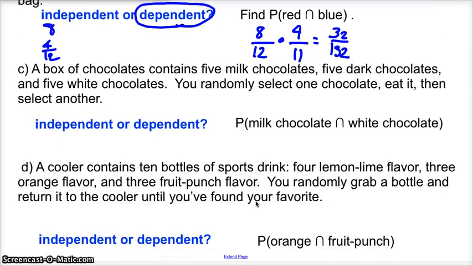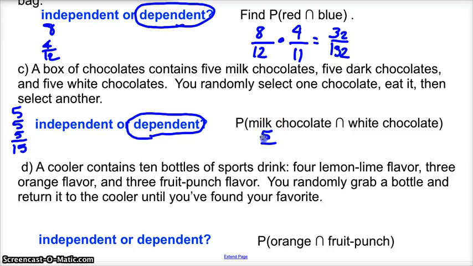All right, letter C. It says a box of chocolates contains 5 milk chocolate, 5 dark chocolate, and 5 white chocolate. So there's a total of 15 chocolates. You randomly select one chocolate, eat it, and then select another. This again is an example of dependent events because you are not replacing the first item.